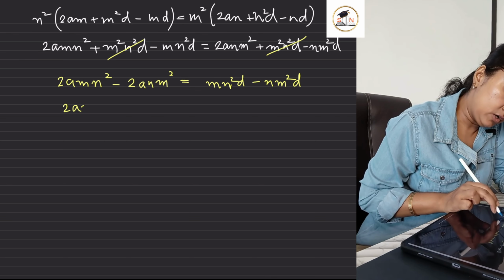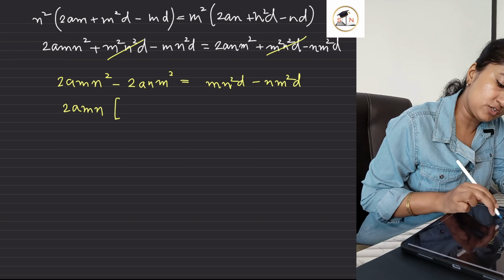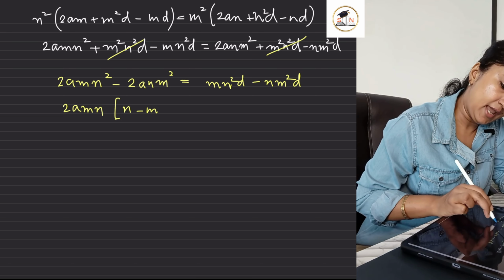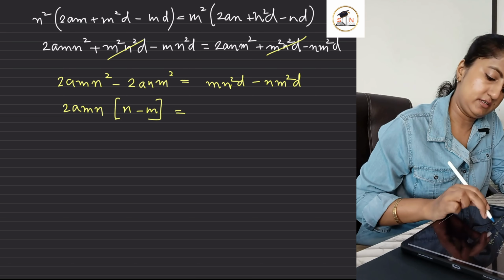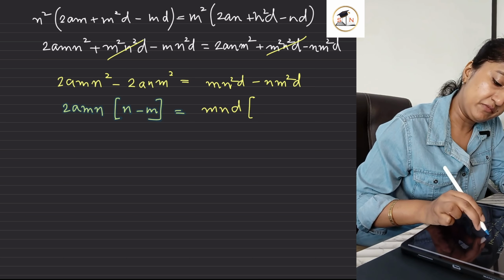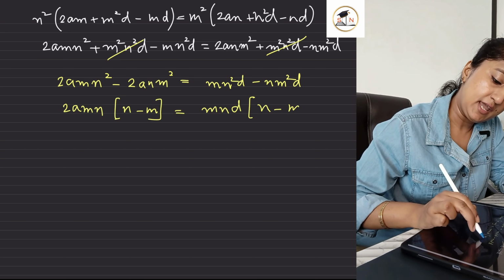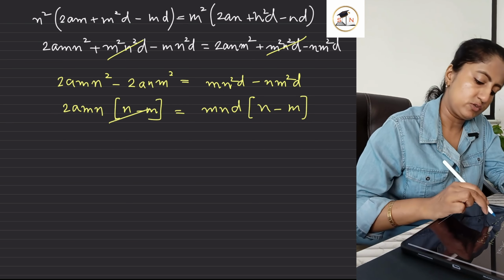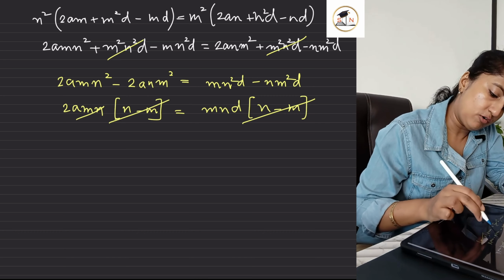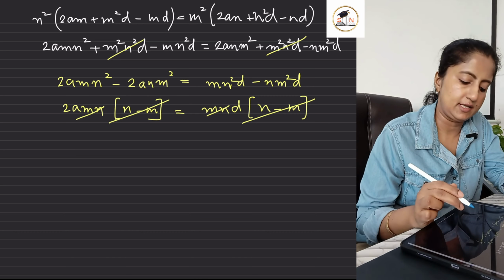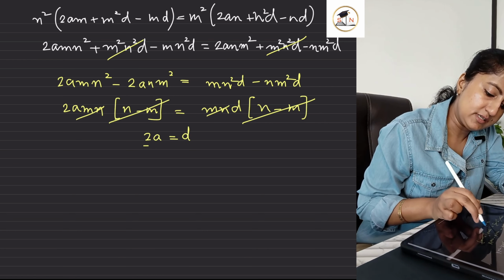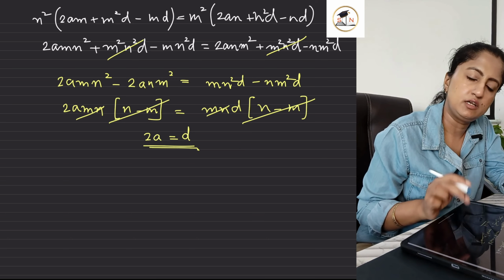I am having 2a m n as a common factor over here. What does that leave me? That leaves me with n minus m on the left. On the right side, we have m n d common, and again that leaves us with n minus m. So we can see that n minus m got cancelled. Also, mn got cancelled. What we are having over here is that 2a equals d. We got this relation, right?